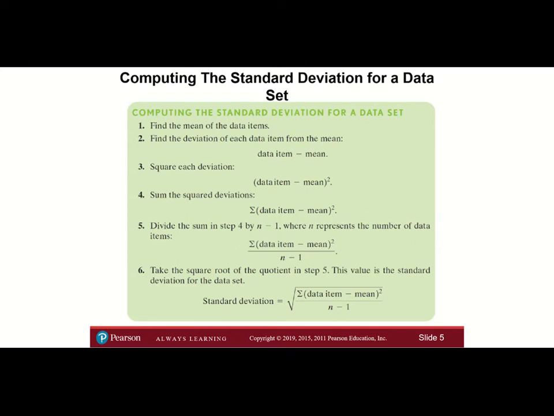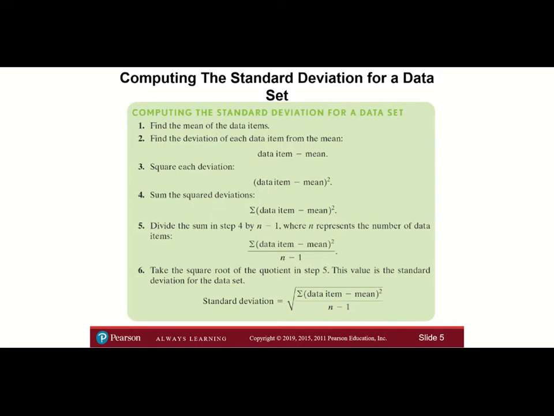To find the standard deviation, first you find the mean, so we did that. Then you find the deviation of each data item from the mean. You take the data value and subtract the mean from it, and that's your deviation. Then you square each of those deviations and add all of the squared values together.